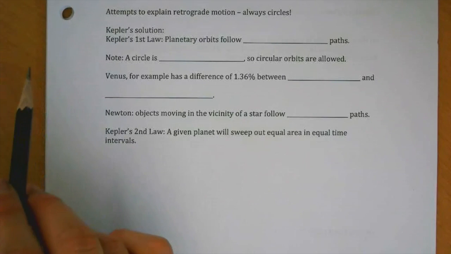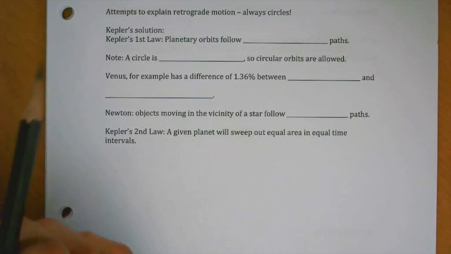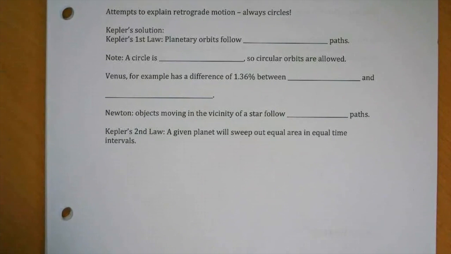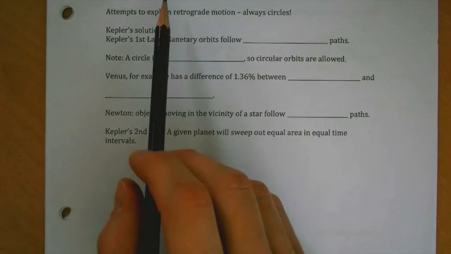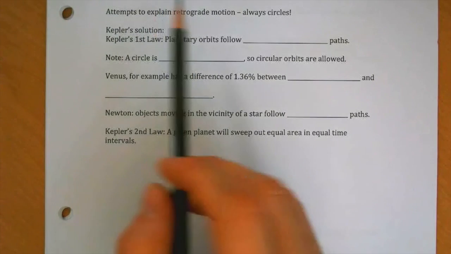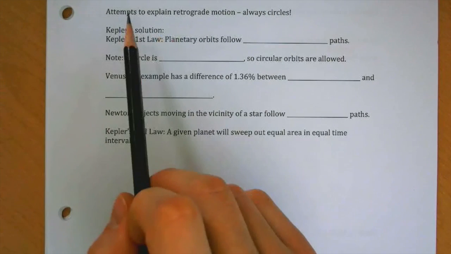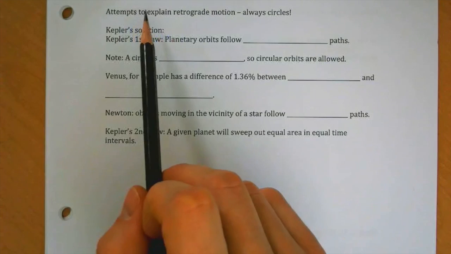And most of the other astronomers of the day, even there were arguments going on about whether the Earth was the center of the solar system or the Sun was the center of the solar system. But pretty much everybody other than Kepler insisted that planetary orbits involved circles.